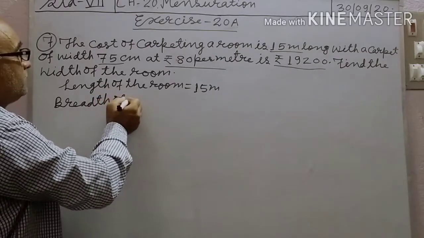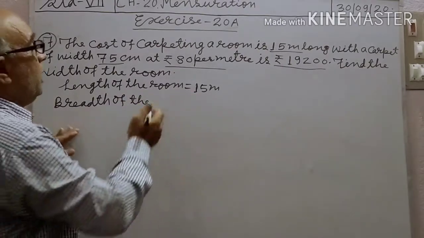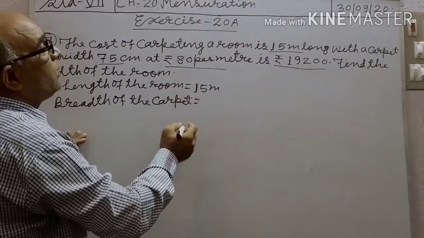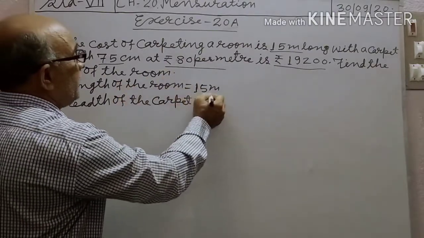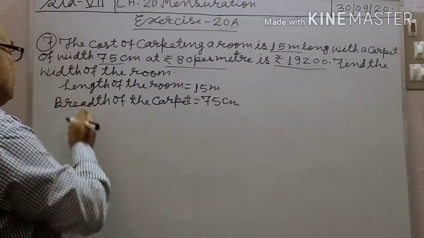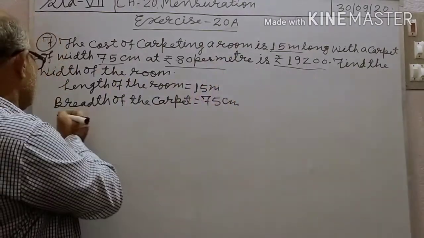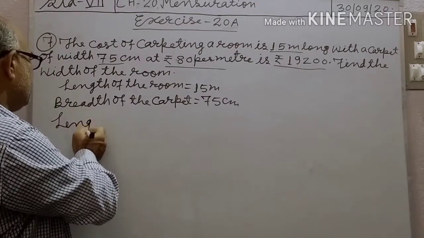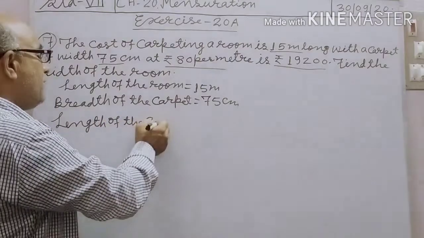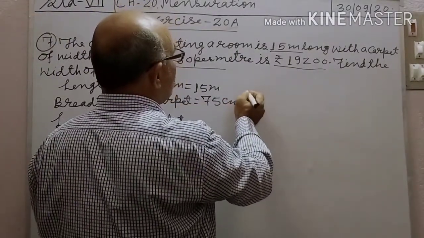Length of the room equal to 15 meter. Breadth of the carpet equal to 75 cm. Now find length of the carpet, given the rate and total cost. Now 75 cm change into meter.